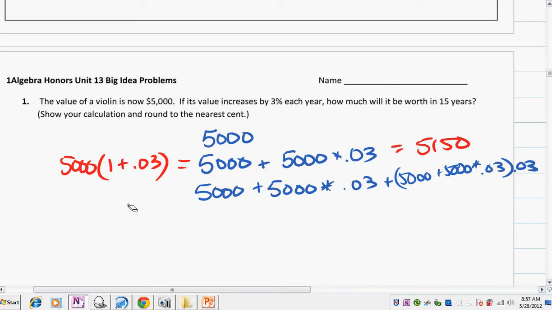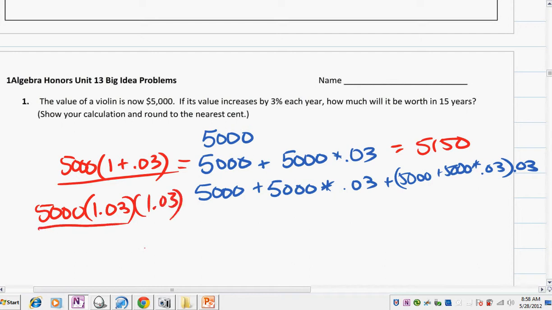But this could be rewritten in a slightly easier way, which is to think about that it's doing this, and it's being multiplied by this next way. You could think of it as 1.03 times 1.03. This was how much I had in the second year, times 1.03. Again, 1.03.